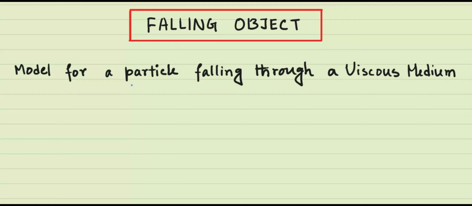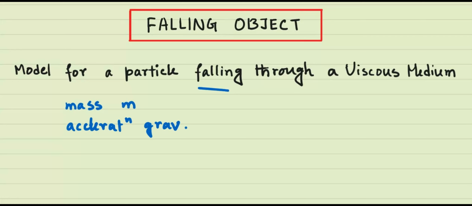So if we have a particle, let the mass of this particle be m. Since it is falling, and I'm assuming it's falling due to gravity, therefore we'll also need the acceleration due to gravity, and that is given by the g that we usually take.